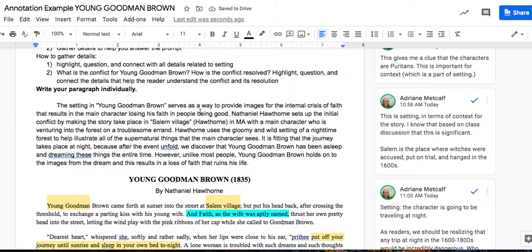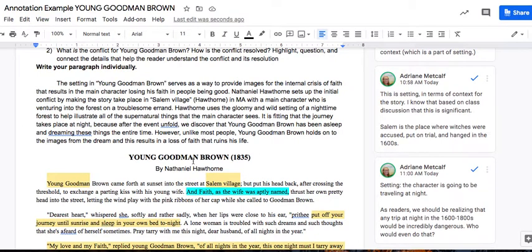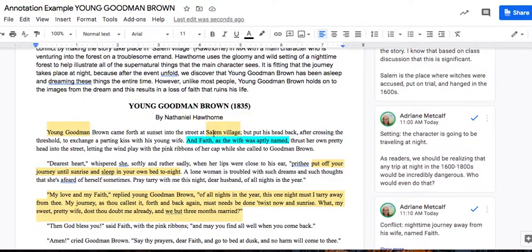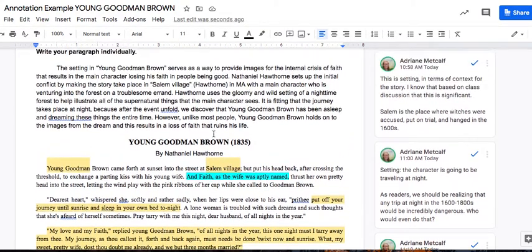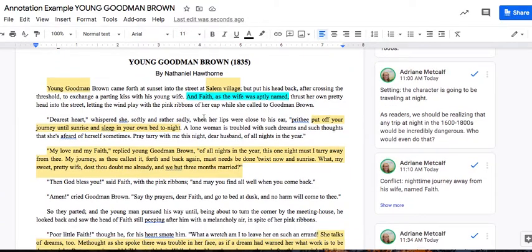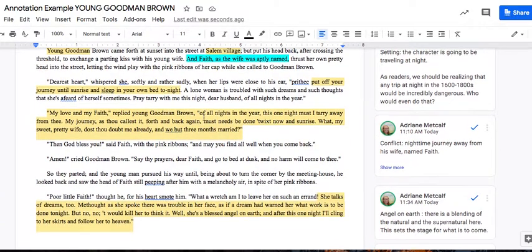And something I like to do when I write, and this is the reason I like providing my thinking first, is I actually then just go back into the text. If my reasoning is strong, I just need words from the text to sprinkle in here to support what I'm thinking. So I'm looking for things that I can include.